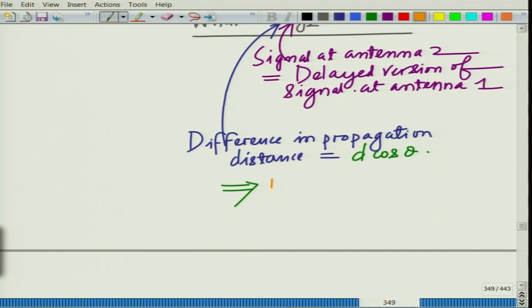The delay is distance divided by velocity, so this is equal to d cosine theta divided by c.